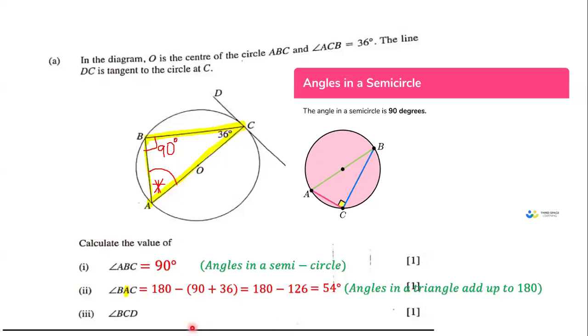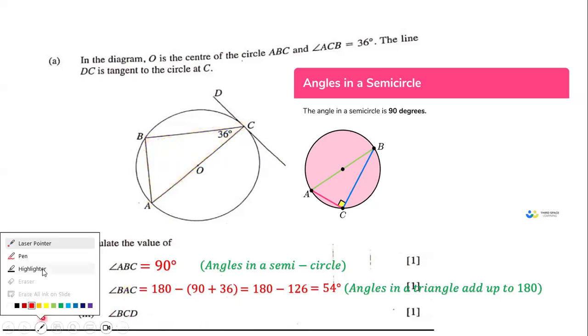Next, we have to figure out what is the size of angle BCD. Let me erase all ink and highlight this particular triangle.